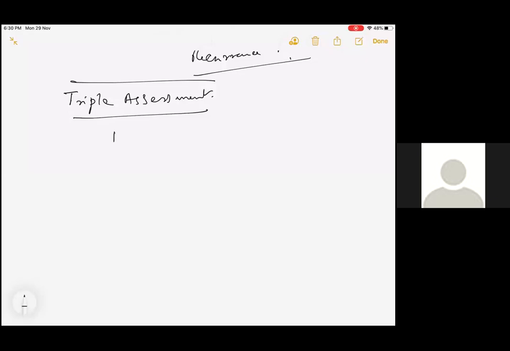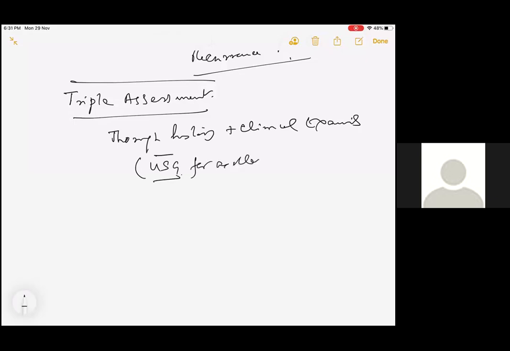So it is for you in the exam: thorough history plus clinical examination. Very important. And to that now, with the AJCC 8th edition, clinical examination is associated with ultrasound for the axilla. If you don't do ultrasound of the axilla, that's not a complete clinical examination.